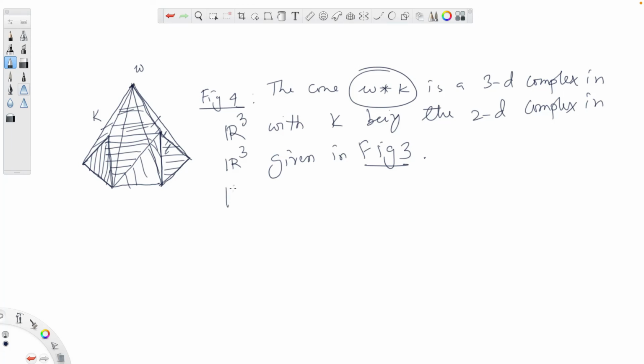So K has a name. K is called the base of the cone. Okay, all right.